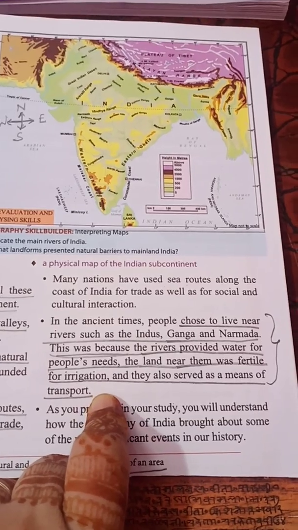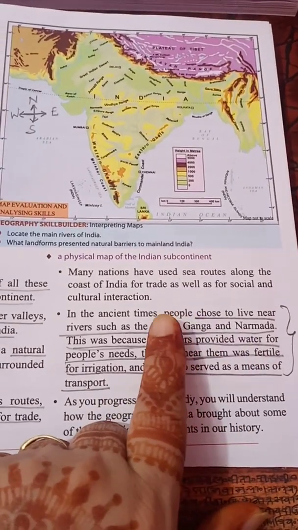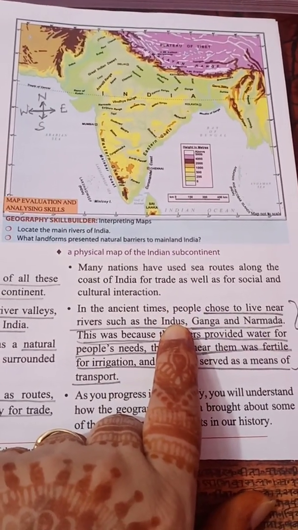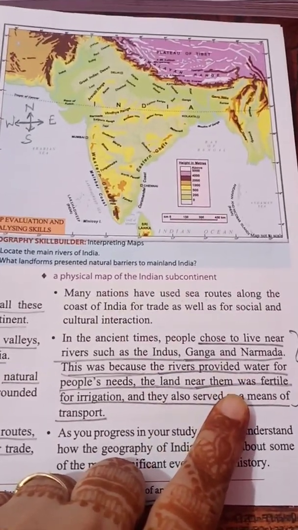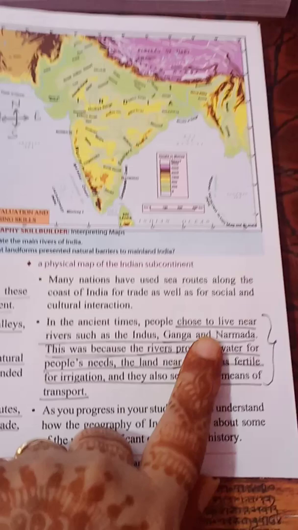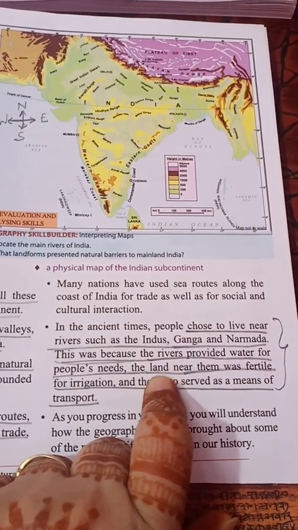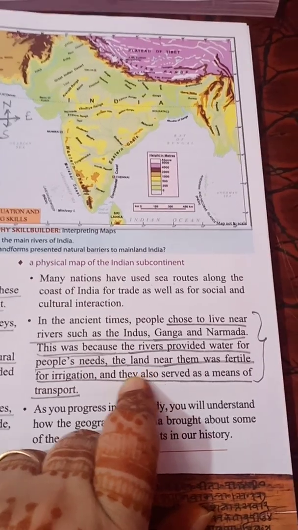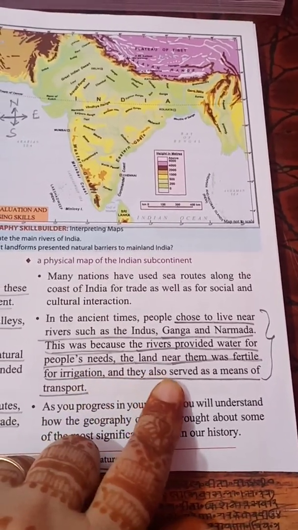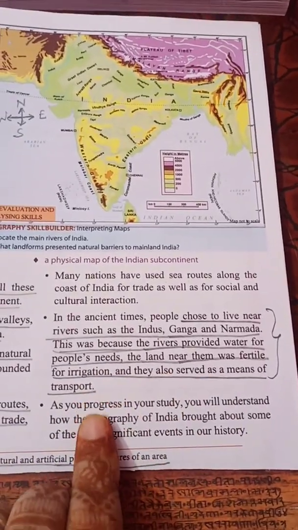So they mostly lived near the rivers. First of all, the Indus Valley civilization, we have read before also. So at that time people lived near rivers so that they could get water for their personal needs, for domestic needs, for irrigation, and also as a means of transport.